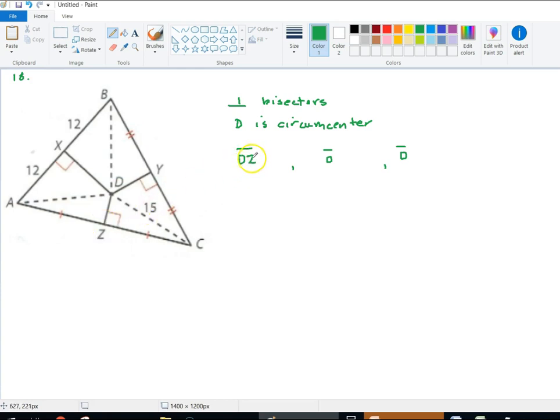So it's the line that meets at the side of the triangle that is 90 degrees. We also have DY, and then we have DX. And that's it. Those are the illustrated perpendicular bisectors. And if you want to see those a little more clearly, there they are in your triangle.